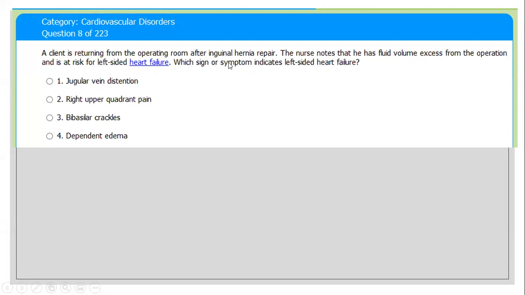Which sign or symptom indicates left side heart failure, right? Number 1, jugular vein distension. Number 2, right upper quadrant pain. Number 3, bibasilar crackles. Number 4, dependent edema.